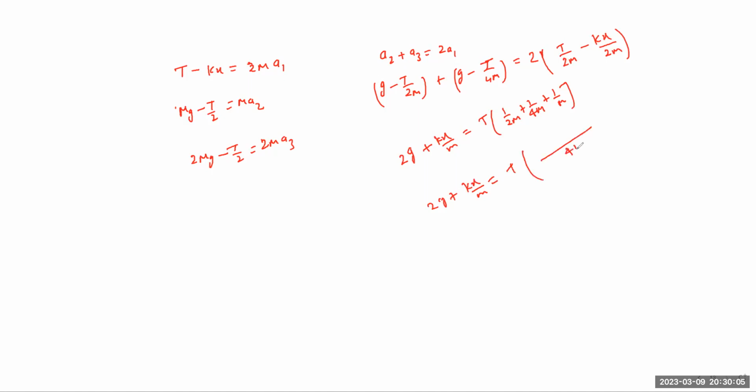Sir, are you speaking anything? No, I was just writing down. 2 plus 1 plus 4, right? 1, 3, 4, 7. I haven't read the question, I'm just solving from the diagram itself.